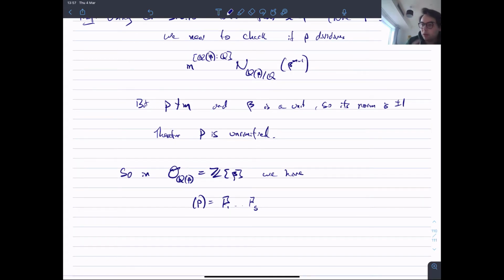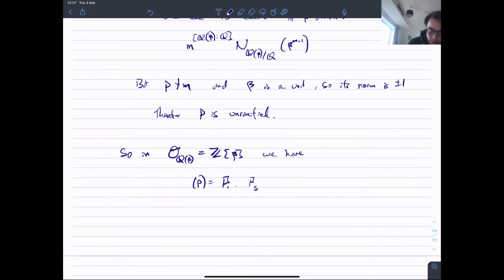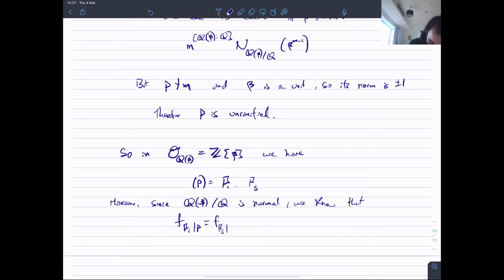So now let's try and figure out something about the residue degrees. This is a bit more difficult. Moreover, since this is a cyclotomic field, since we know that Q(beta) over Q is normal, we know that f of Pi over p is the same as f of Pj over p for all i and j, because in normal fields the residue degrees always stay the same.